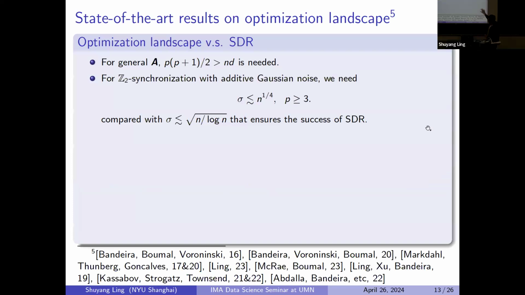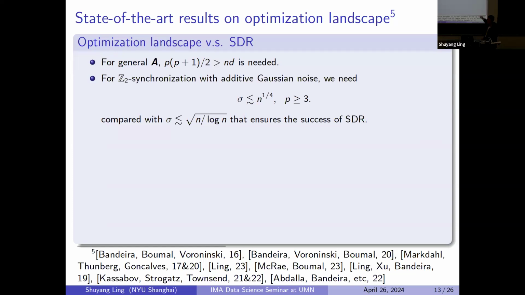Okay, so now let me do a quick review of the state of the art in the literature. This has been an active field in the past few years. One thing about the Burer-Monteiro factorization landscape is that for a general input matrix A, I do not assume any additional structure on A. P means the rank of the factorized form, which corresponds to the degree of freedom.